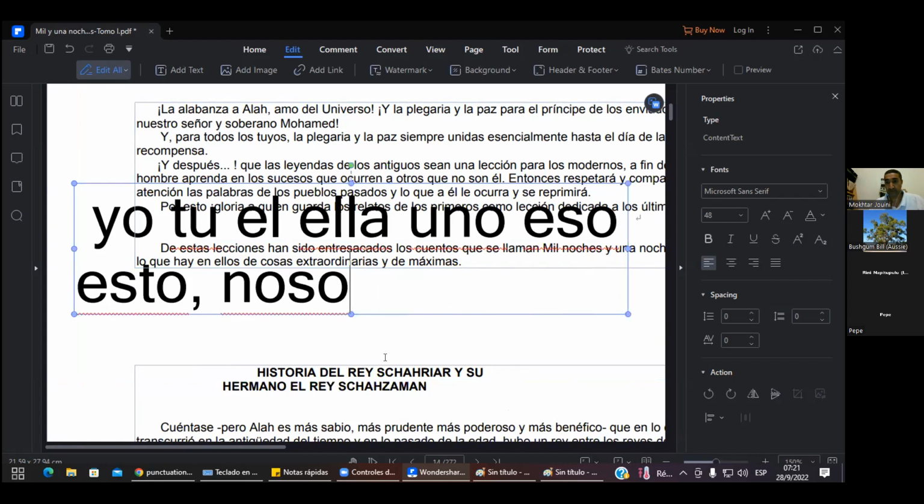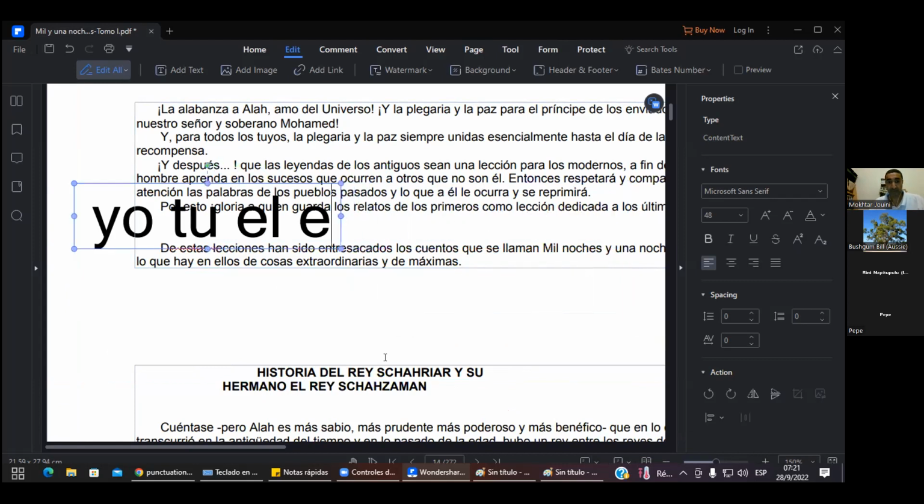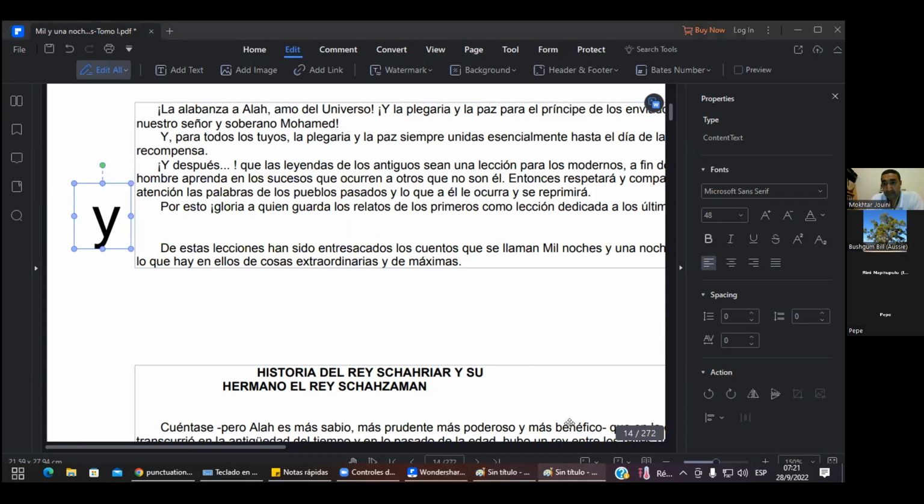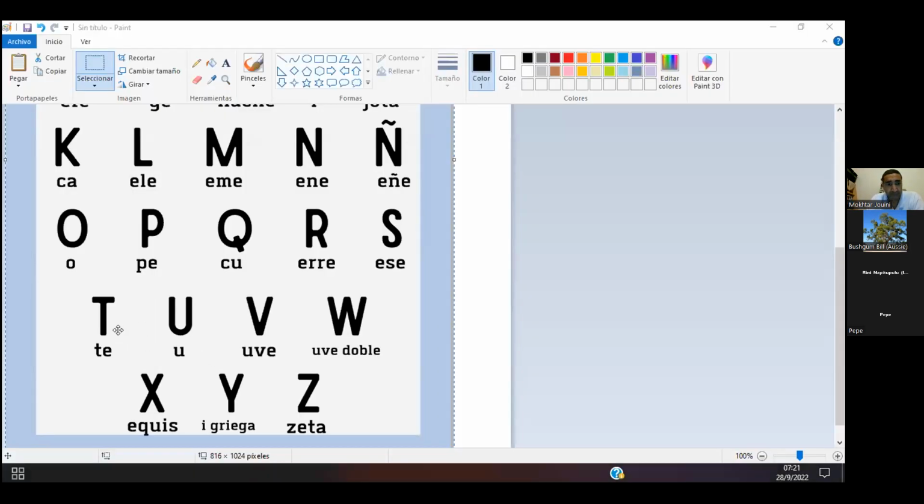Now let's continue. Ta, te, ti, to, tu. Now, the letter U is pronounced U, the last vowel of the alphabet for us, and we use it in a strong form and in a feeble form, so soft and strong.